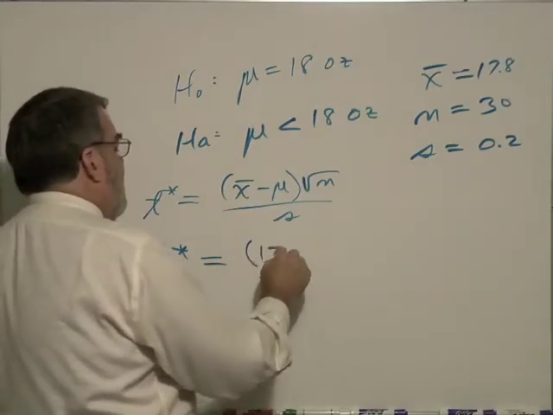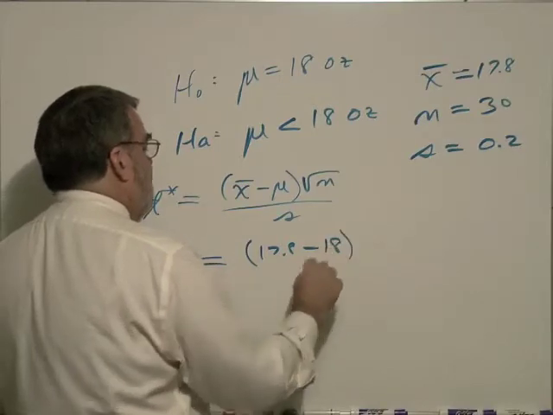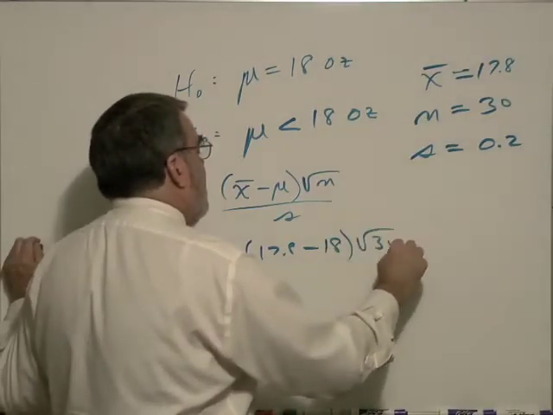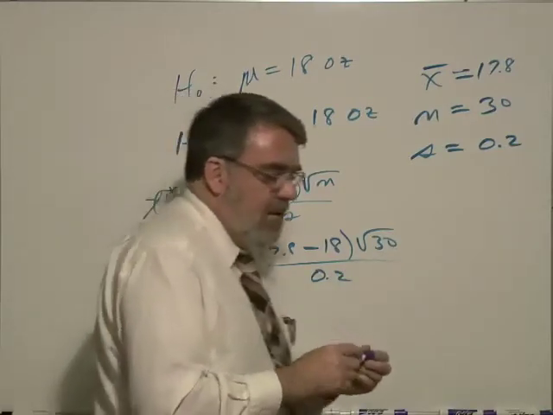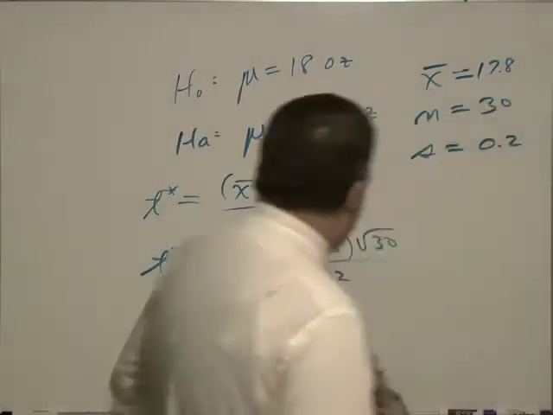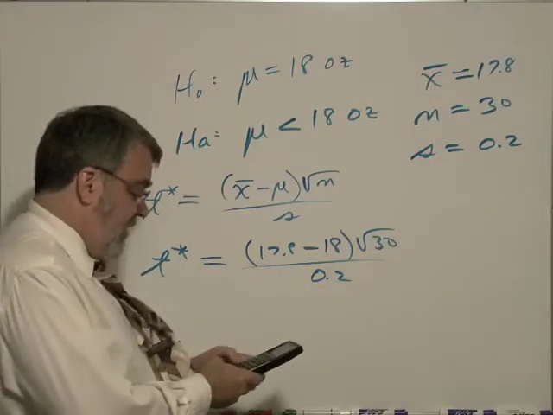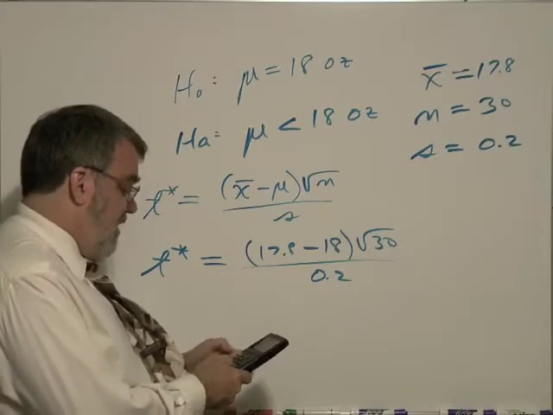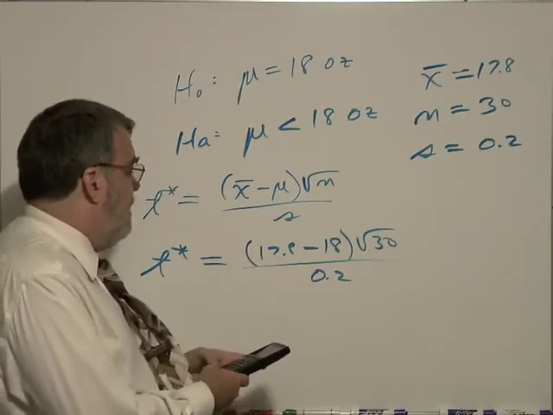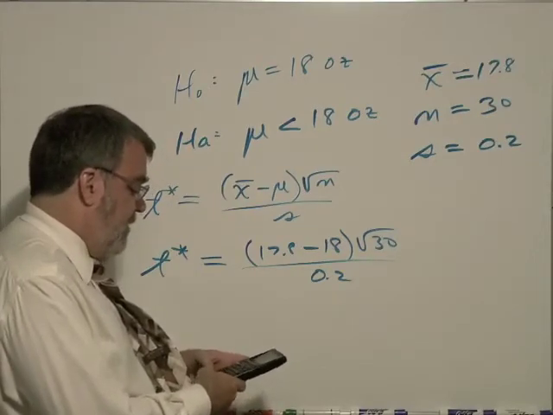Let's plug the numbers in. I have 17.8 minus 18 times the square root of 30 divided by 0.2. Let's see what that works out to be. Wouldn't that be the square root of 30? So it's 17.8 minus 18 times the square root of 30, and divide by 0.2.